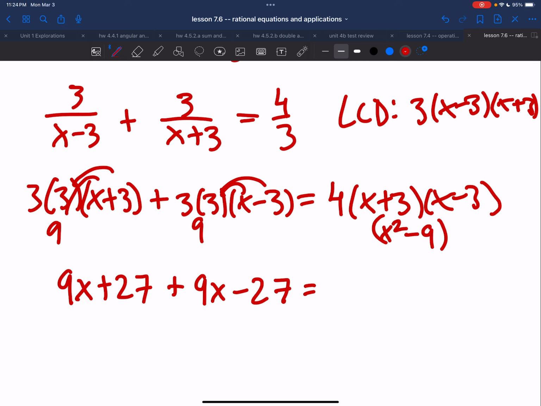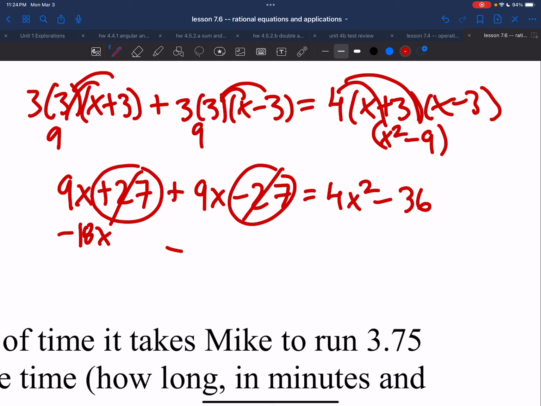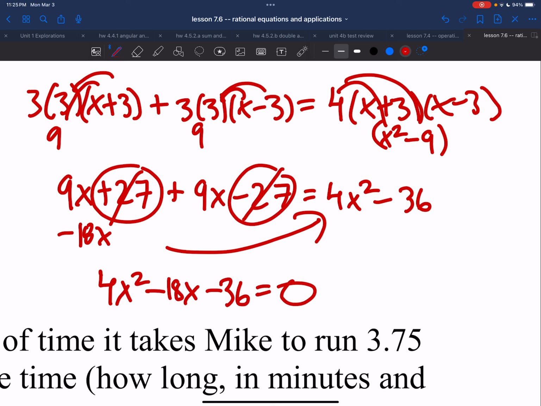That's a difference of squares, which if you distribute 4 to is 4x squared minus 36. Okay, let's clean this up a little bit. The 27s cancel, so they're opposite signs. And then this is an 18x, at which point you're going to move this to the other side. So I'm going to get on the right side 4x squared minus 18x minus 36 set equal to 0.